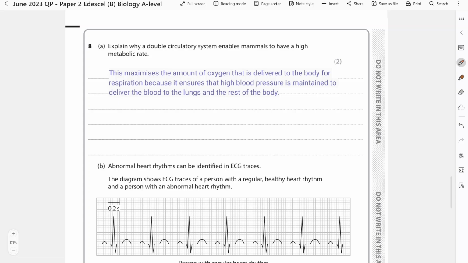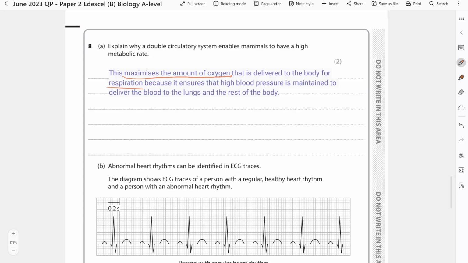Whereas in a single circulatory system, like a fish, the blood would only pass through the heart once in order to complete a circuit. Whenever we talk about the circulatory system, it's always important to mention that we're delivering oxygen for respiration. So I wrote maximize the amount of oxygen for respiration. So that would be 1 mark.